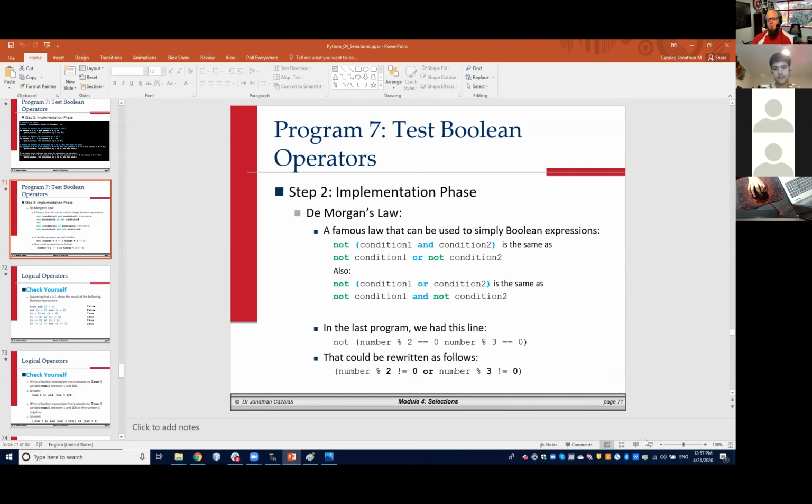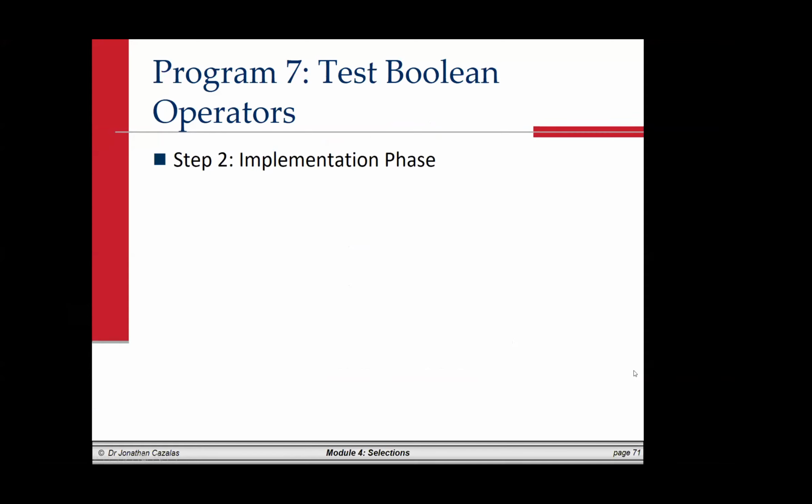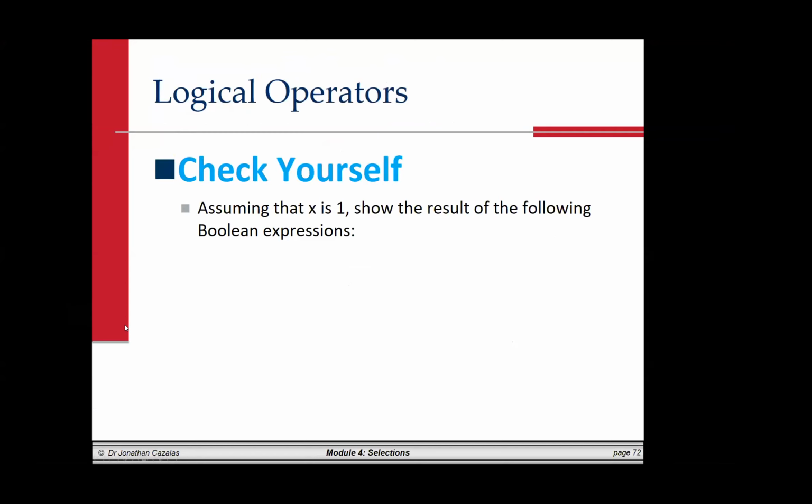If everyone can unmute your mics, as long as there's no major background noise. Chloe, Sean, Mariam, David, Jonathan, Colson, let's unmute. I want y'all to just tell me the answer as soon as you have it. Assume x is 1.